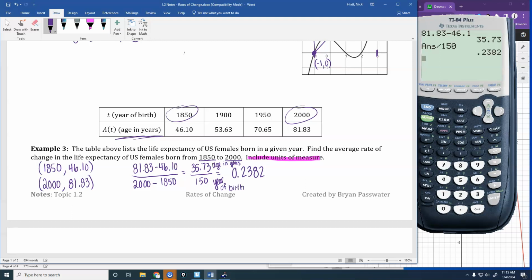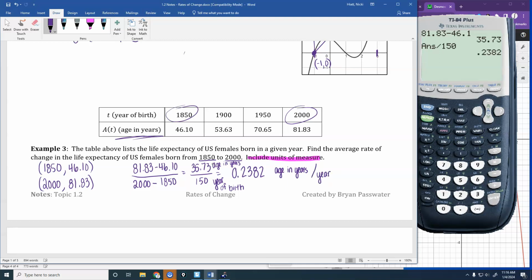So what this is telling us is that our life expectancy is changing at a rate of 0.2382 age in years per, I'm just going to call it per year.